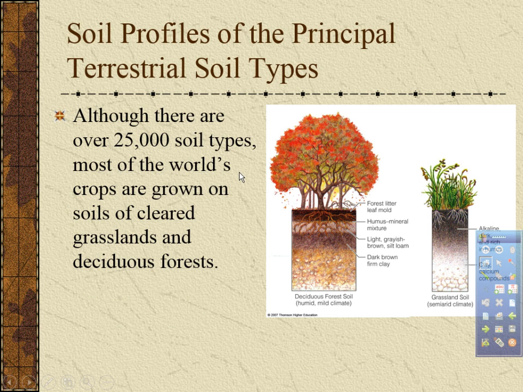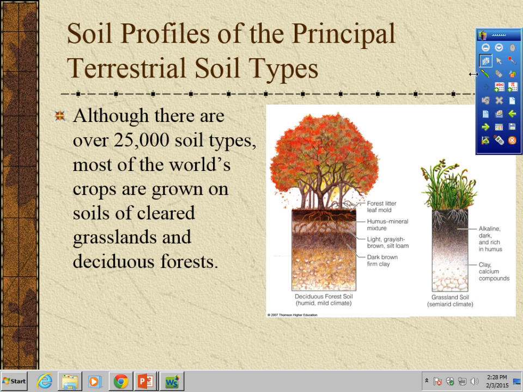Okay, so there are 25,000 soil types, but we know that a lot of the crops, which is what we're concerned about right now, are grown on either grassland or cleared deciduous forest, that they've broken down. So you can see how there's a much bigger O horizon and A horizon up here, so much more nutrient stuff in the forest than in here.